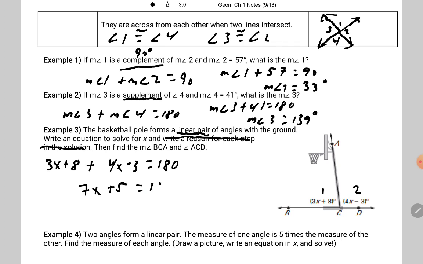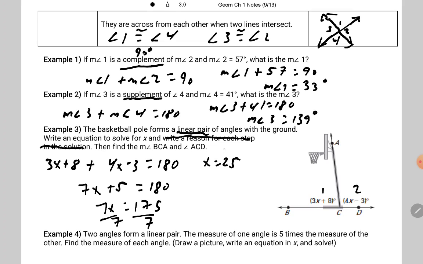That's adding my like terms. 7x equals 175. Does this go evenly? Yes, it does. So if I divide both sides by 7, I will get x equals 25.